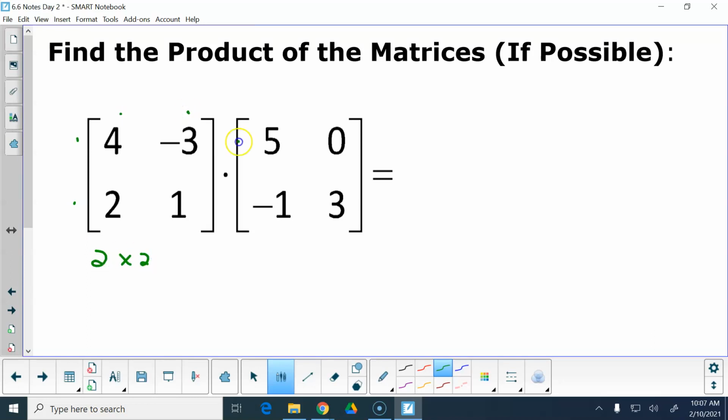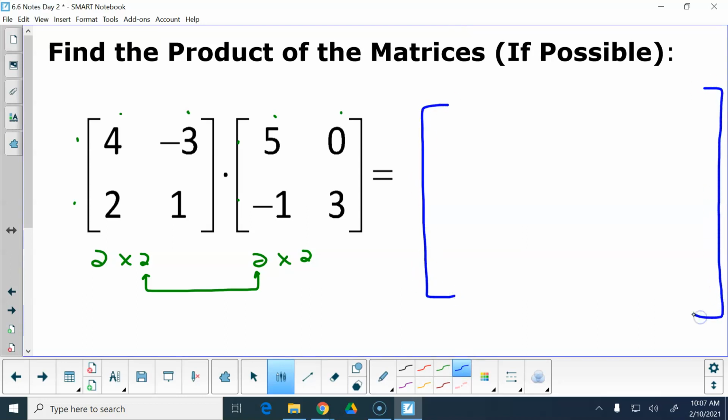I count 2 rows. I count 2 columns. Can I multiply those 2 together? Yes, I can. I can multiply those 2 together because these 2 middle numbers right there and there are the same. Okay? So what that's going to give me in the end is a 2 by 2 matrix.